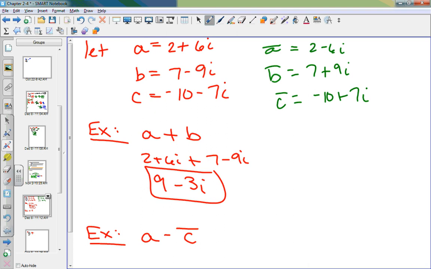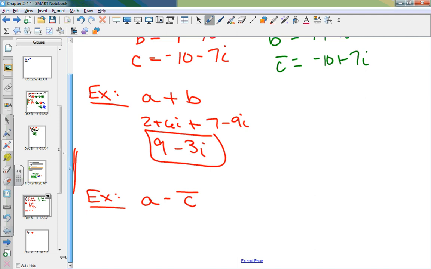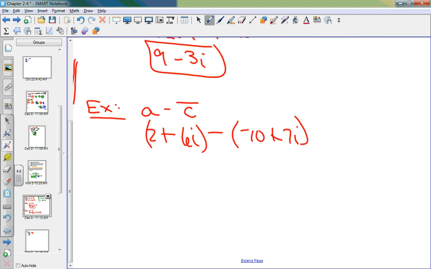Now, what is A minus the conjugate of C? Well, that's going to be 2 plus 6i minus the conjugate, which is going to be -10 plus 7i. Now, what do I have to do?